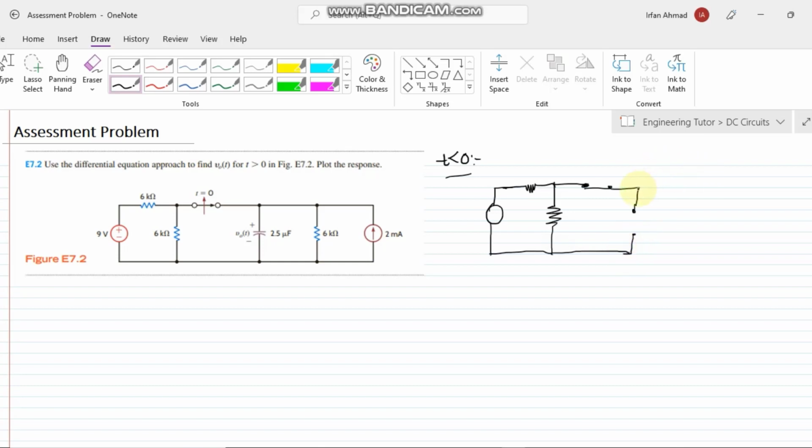Okay, this is the resistor and the current source is here as well. Let me draw it clearly.